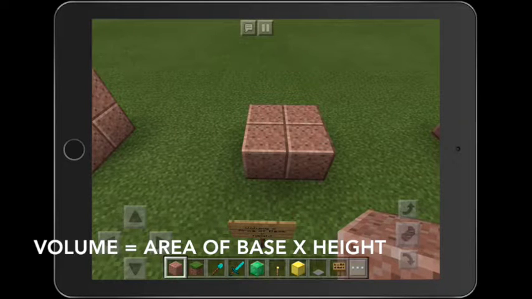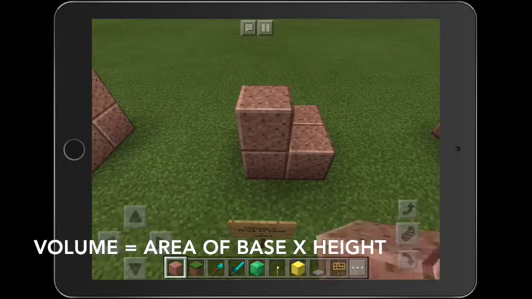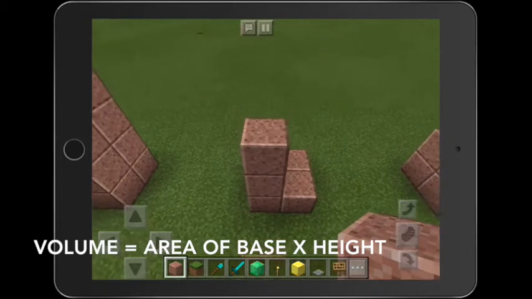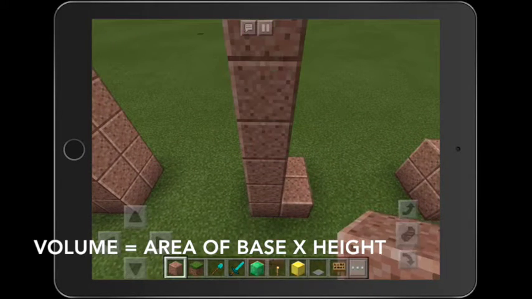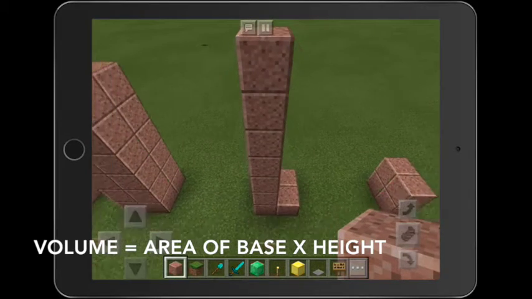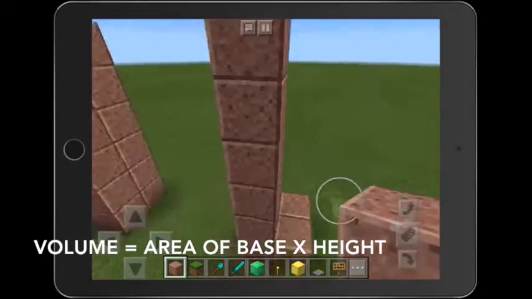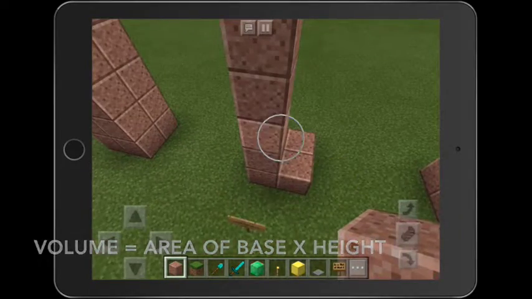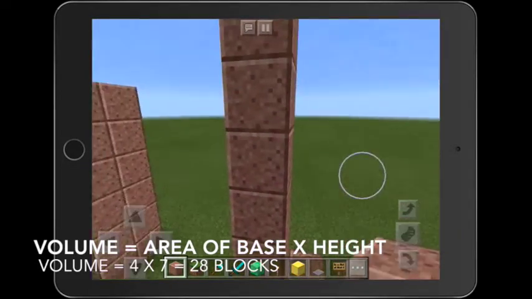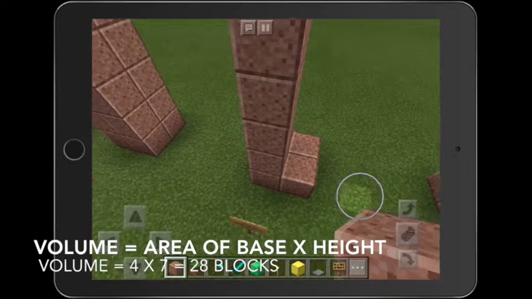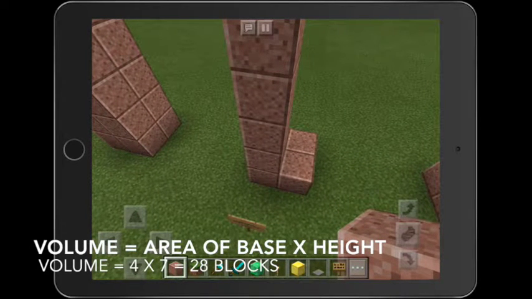And now if I wanted to take the same base and I made it 7 tall, so 1, 2, 3, 4, 5, 6, 7, then I would know the volume of this shape even without building it, because it would be 4, 1, 2, 3, 4 for my base, and 7 tall. That would make it 4 times 7, or 28. I would need 28 blocks of polished granite to make this a rectangular column.